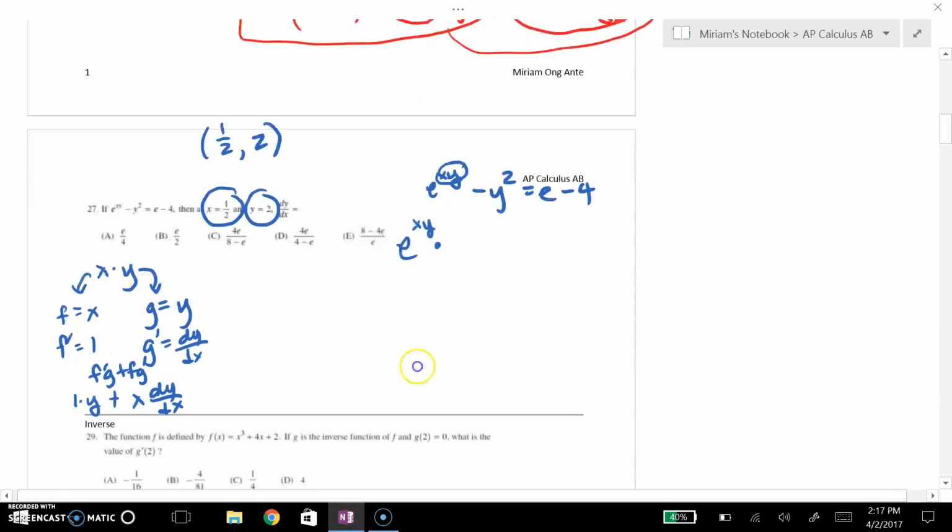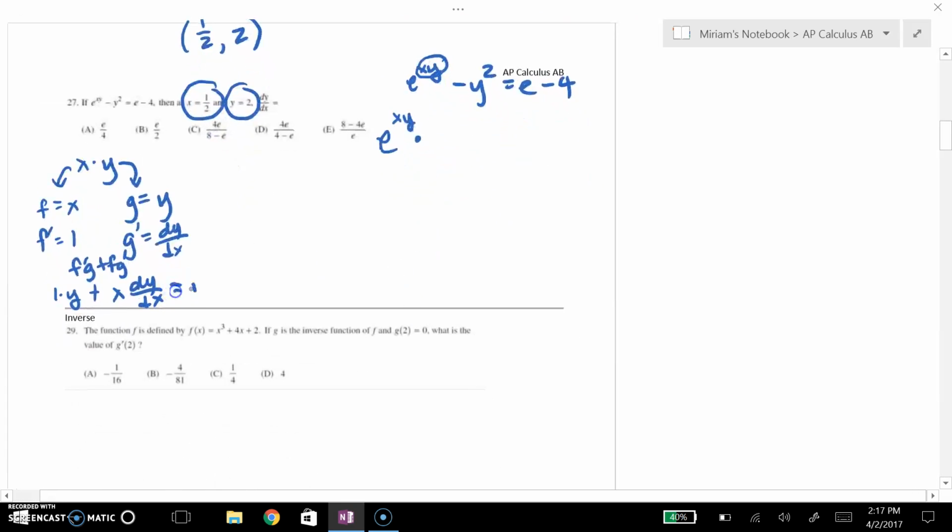Make it simpler. So that's what I'm going to multiply right here. Minus the derivative of y squared, which is 2y times dy over dx, equals e minus 4.